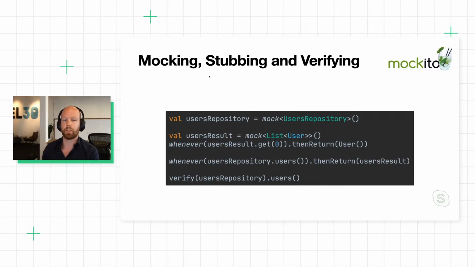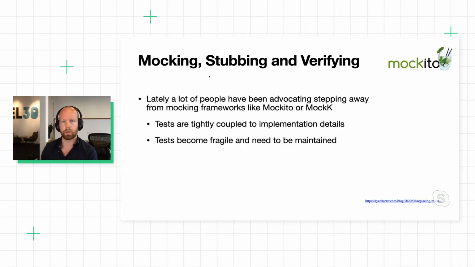Now, this is not really something you want to see, but trust me, I've seen this, and I'm quite sure I even wrote code that looks like this. And if you want to maintain this, it's really difficult. In the last couple of weeks, people have been advocating stepping away from these mocking frameworks because of the problems they pose, and the alternatives are quite easy.